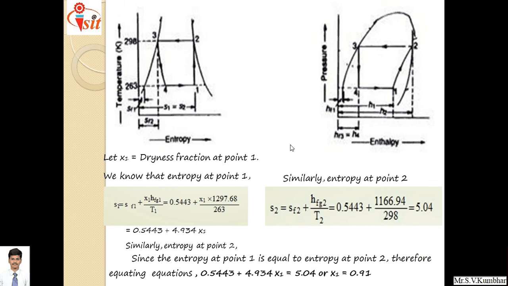Now since the entropy at point 1 is equal to the entropy at point 2, as seen on the TS diagram, we equate these two equations to get the value of x1. Therefore 0.5443 plus 4.934 x1 is equal to 5.04, which gives x1 equal to 0.91.